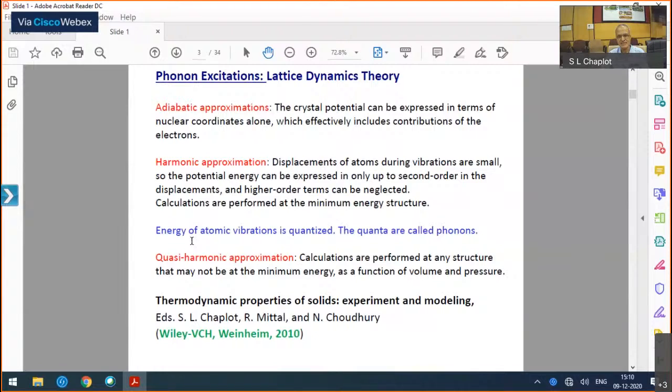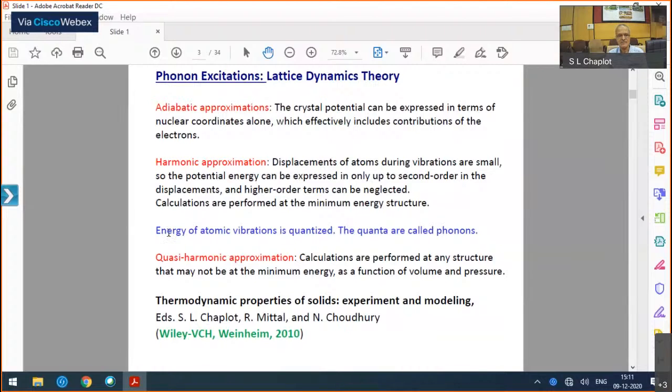But here it is sufficient to say that the dynamics at low temperature, specifically in a periodic crystal, can be thought of in terms of normal modes or phonons. In fact, you don't really even have to think of a periodic crystal.